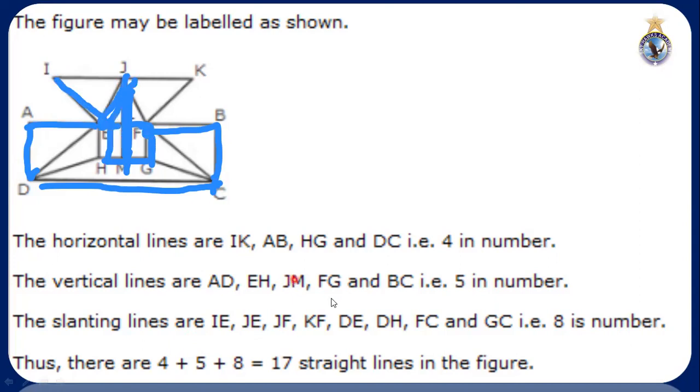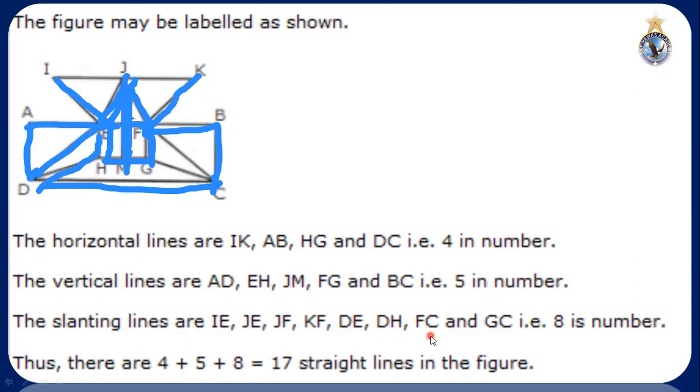Then coming back to the slanting lines, one more is JF. This is also a slanting line, JF. Good. Then KF. So once again, KF coming through this. Yes, absolutely right. And then DE. So you can also mark the DE. D is going upward here. This one is DE. Okay, good.